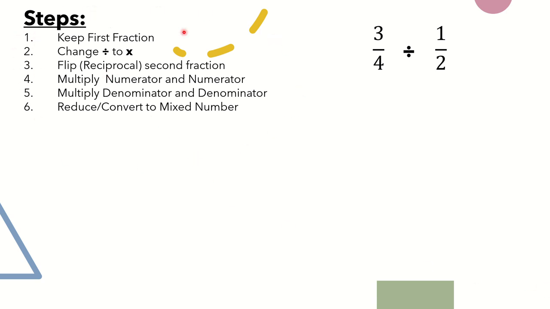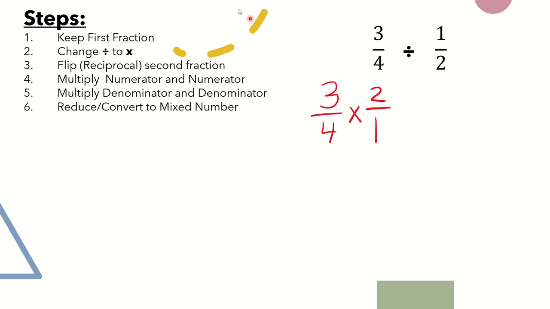Reminder that the steps are in the corner if you need them, but let's quickly go over this example. Keep the first fraction, change my division sign to a multiply sign, and then flip or find the reciprocal of 1/2, which in this case is 2/1.